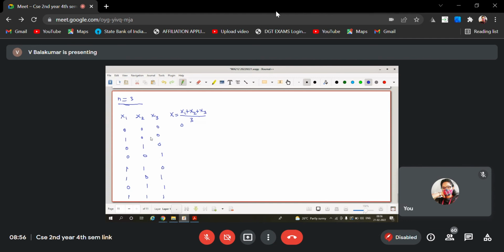Can somebody tell me? 1 by 3. Yes, because we are not worrying about probability and all. We are just worrying about this capital X value. Later comes the probability. This is average: 2 by 3, 2 by 3, 2 by 3, 3 by 3.